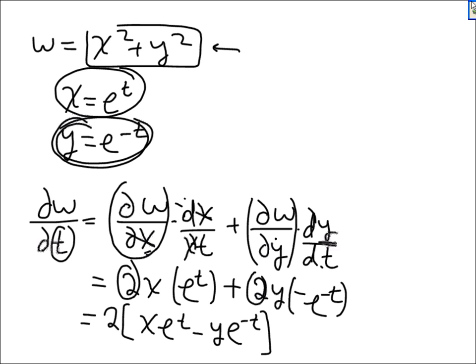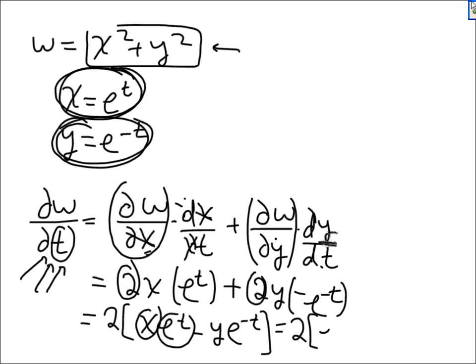Now, it's nice to have the answer in terms of that letter, t. But it's not. Like, for example, I see x's. Well, I know how to write x. x is e to the t times e to the t.